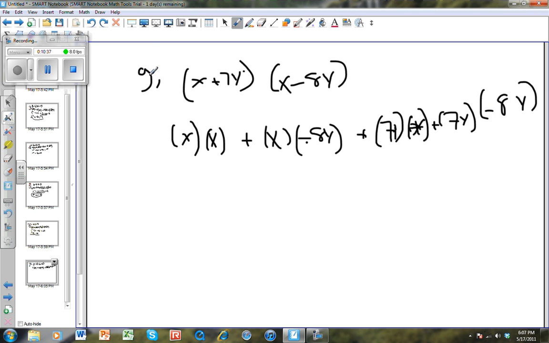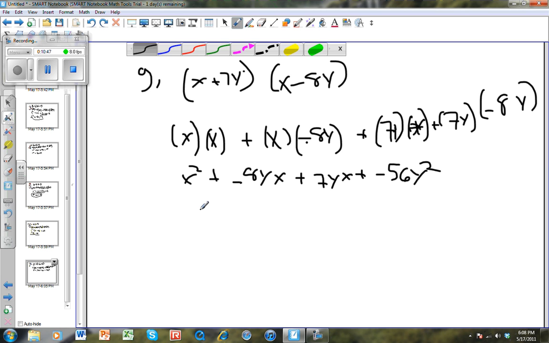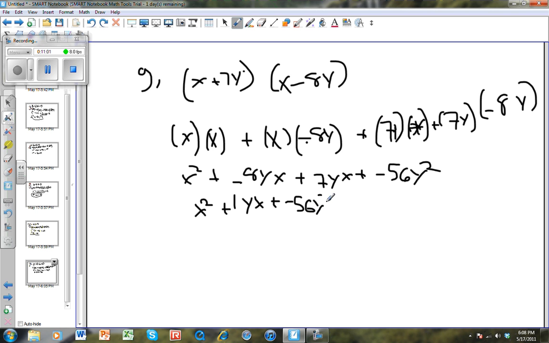Okay, I'm done. I simplified this a bit, and what we're going to do is add these two together. So then, fully simplified, it's going to be x squared plus 1yx plus negative 56 y squared.